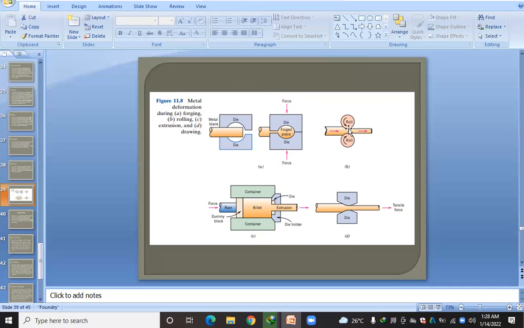Sa rolling, naay circle. Sa extrusion, naay container ug die, then naay ram nga mo-apply ug force, kusog ang extrusion, dayon ma-form na siya. Sa drawing, naay die, murag ipatunga nimo ang tensile force.